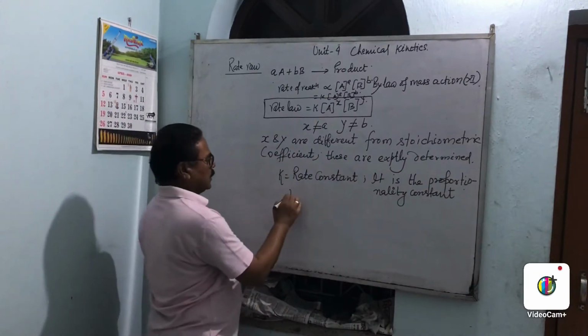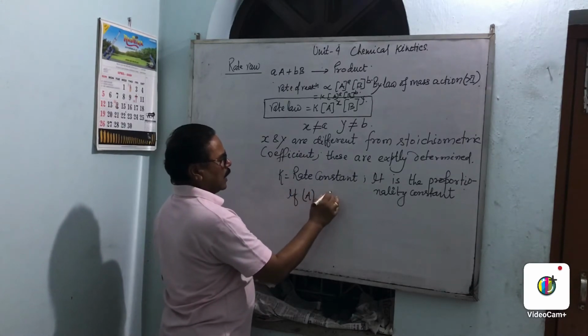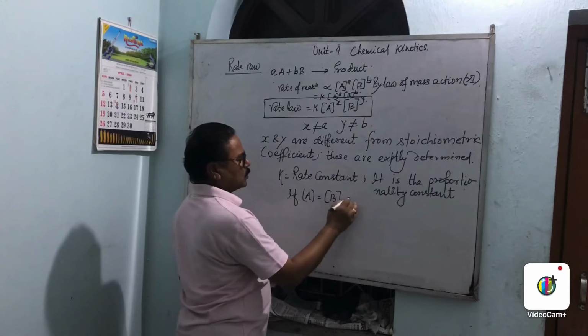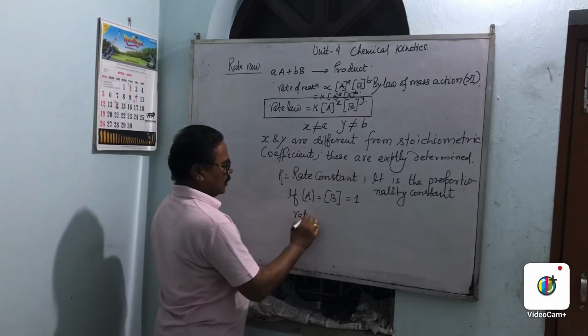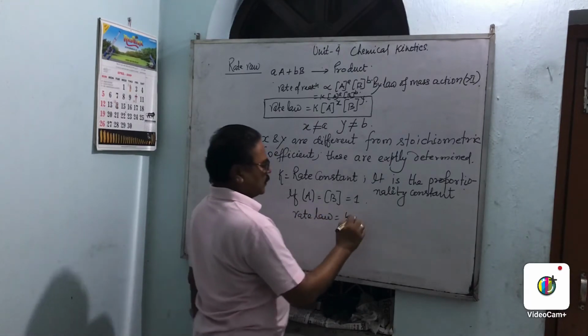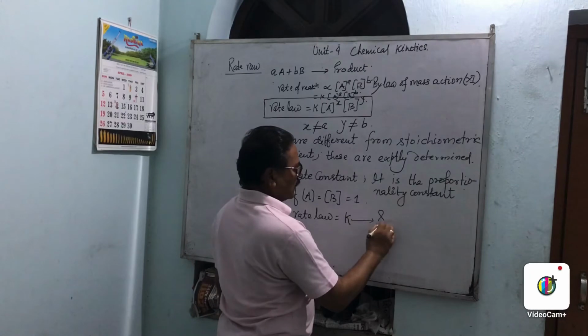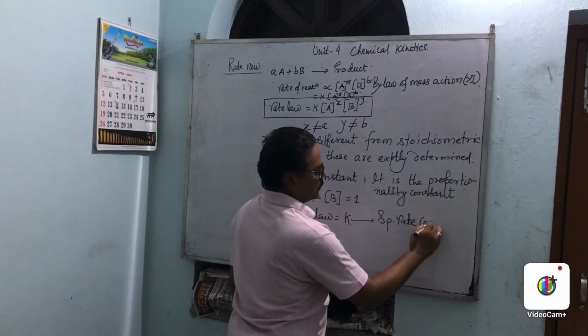Now sometimes if a is equal to 1 and b is also equal to 1, then the rate law is equal to k, and at that time this k is regarded as the specific rate constant.